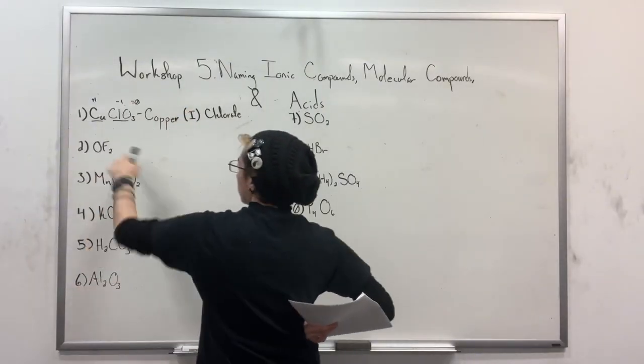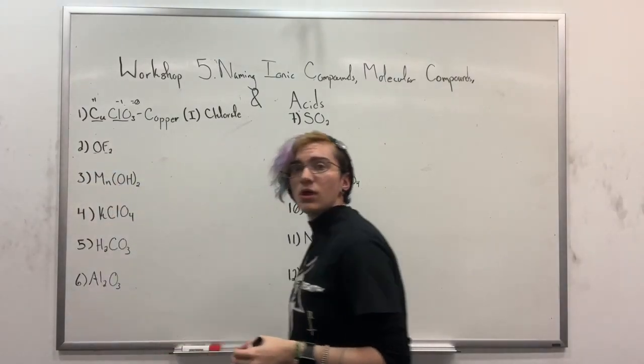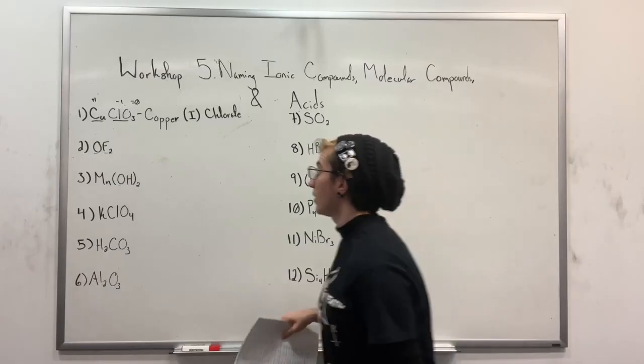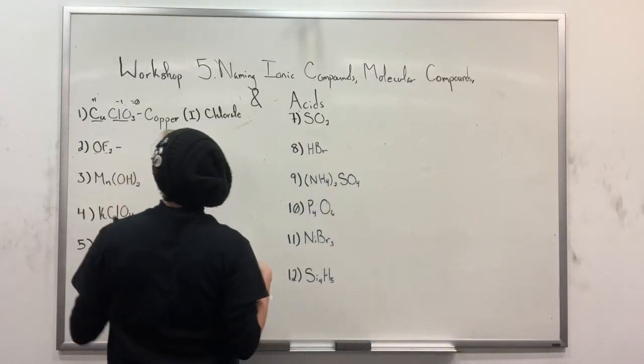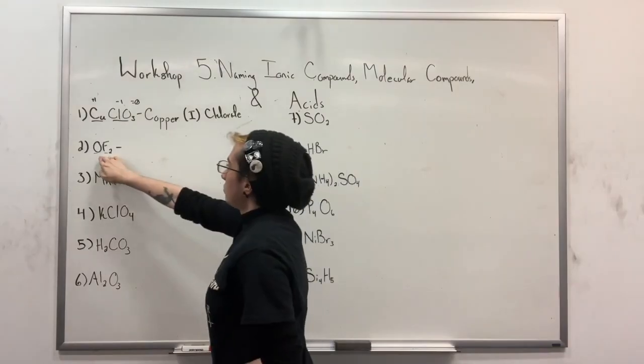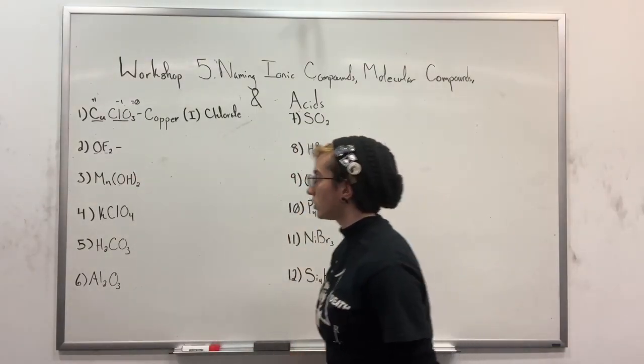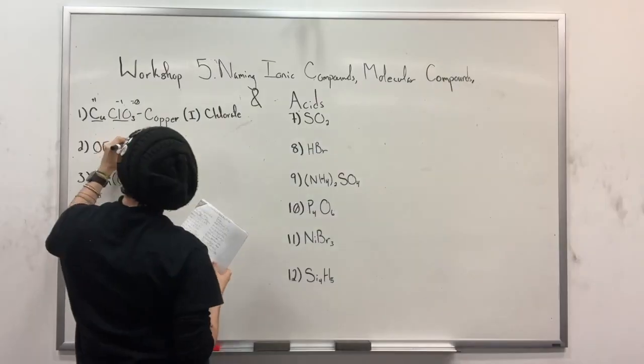Next compound, we have oxygen, which is a nonmetal, and fluorine, which is also a nonmetal. So we have a molecular compound. If we have a molecular compound, we know then we have to think about our prefixes. Oxygen has no subscript. There's only one oxygen, so we don't need to include a prefix. So this is just oxygen.